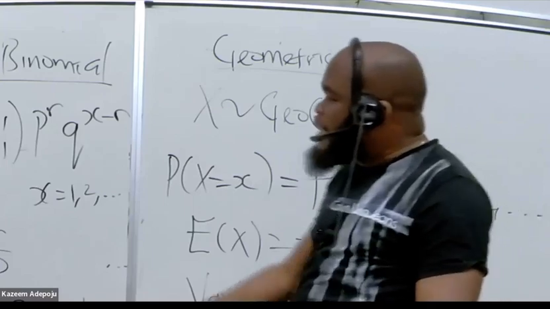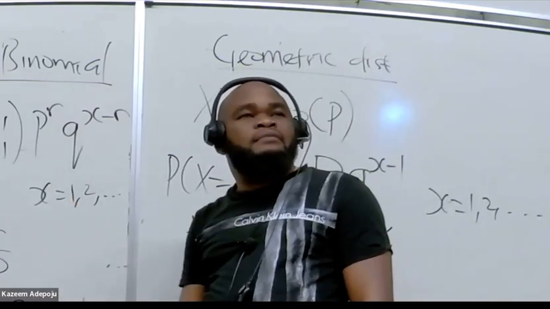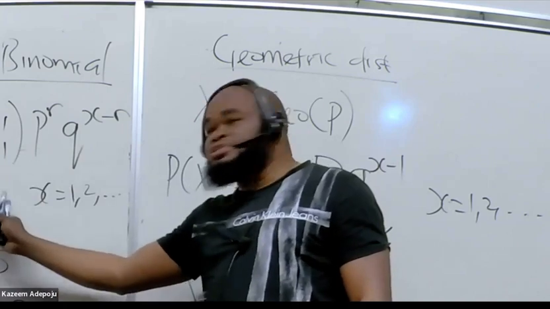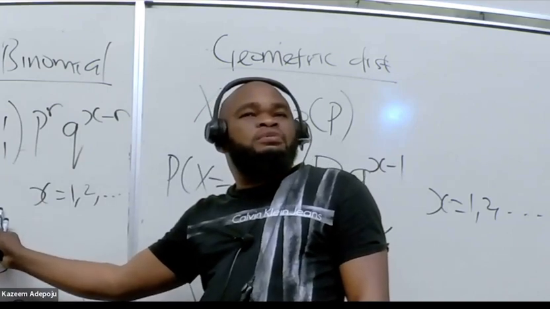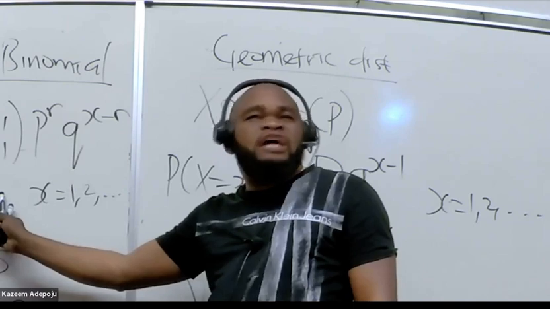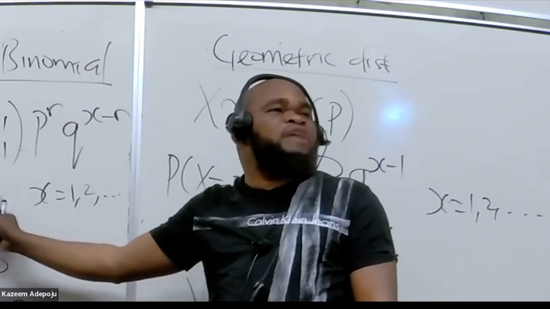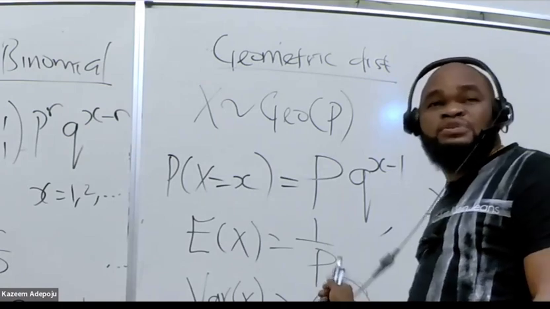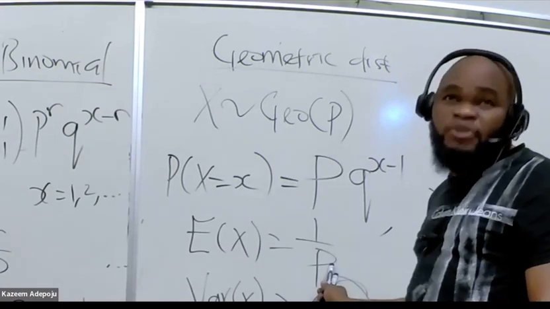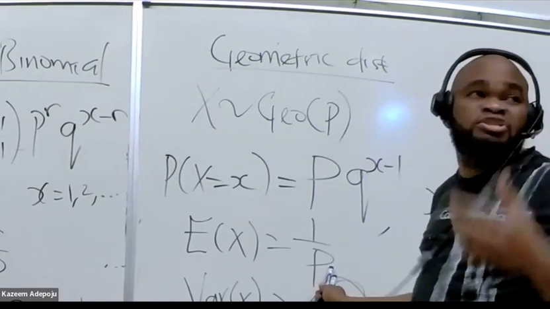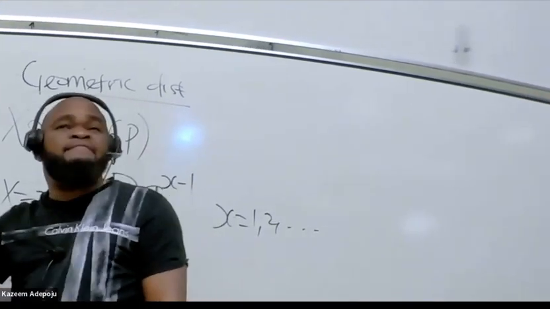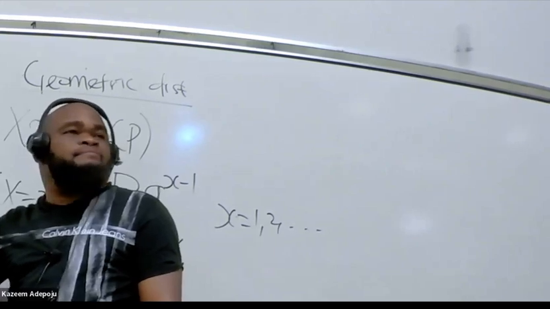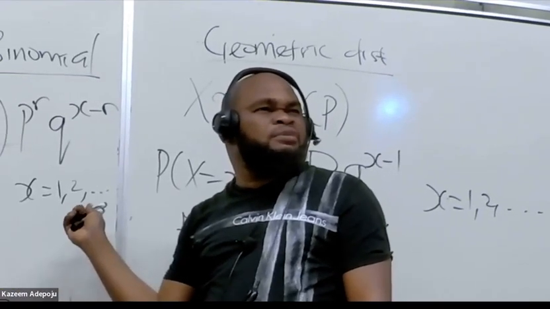How many times am I going to fail before we record a good number of successes, not just the first? This one is going to say we're not experiencing the first success for the first time. Here in geometric, we're experiencing success for the first time after failures. But here, it's not the first time. Does that make sense now?